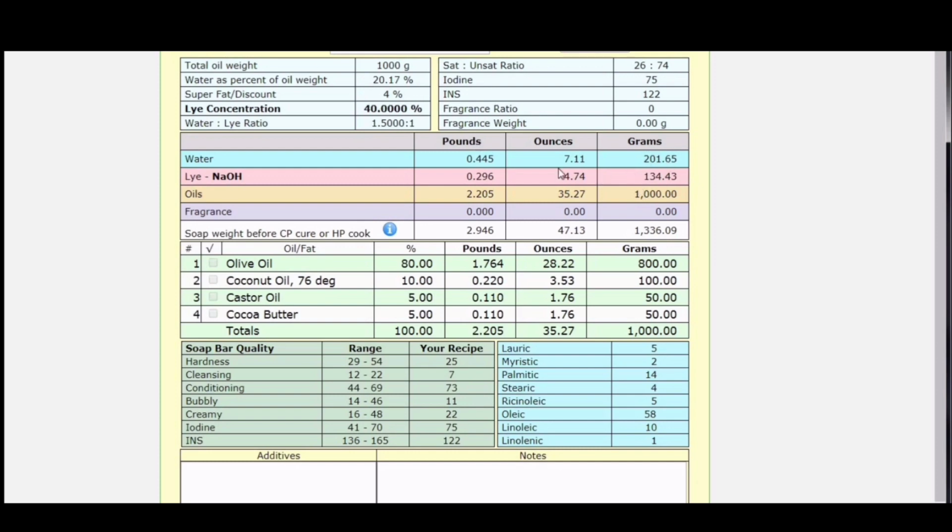While you're trying to measure your lye, sometimes you could have more lye going into your recipe. This will serve as a safety buffer to help guide you not to have too much lye in your recipe. So basically, this is how you calculate your soap recipe.